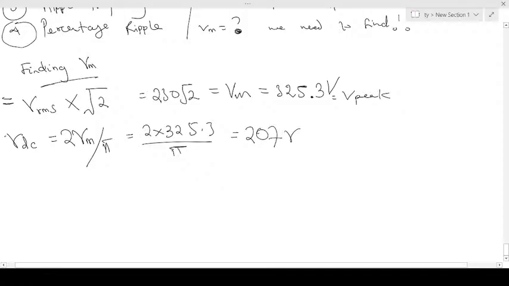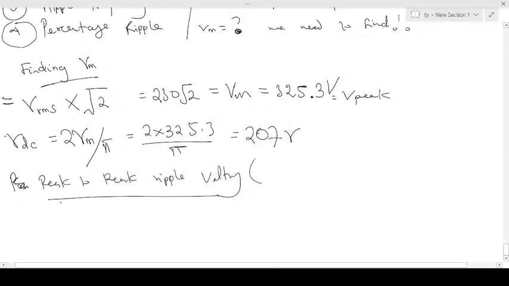Now that we have our output VDC, we can now move on to find our peak to peak ripple voltage, or V peak to peak. Now we know that our V peak to peak is the maximum minus the minimum.